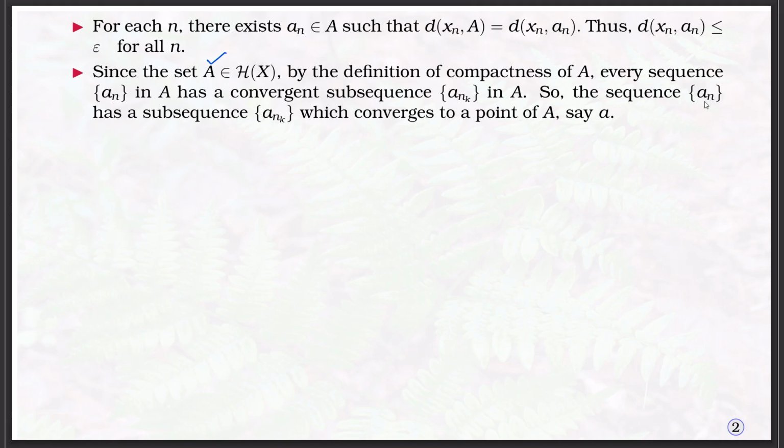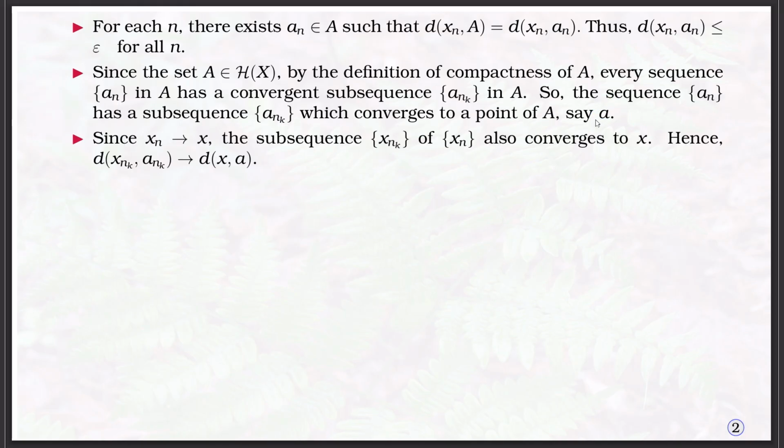So the sequence an has a subsequence ank which converges to a point a in A. Since xn converges to x, the subsequence xnk of xn also converges to x.